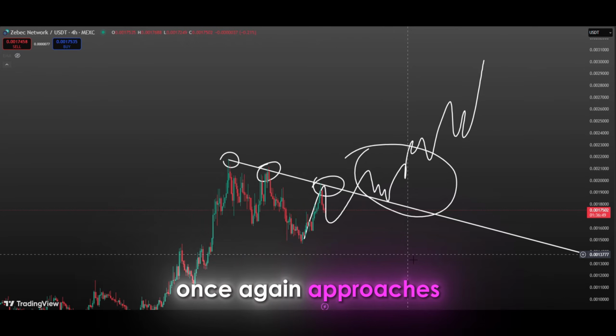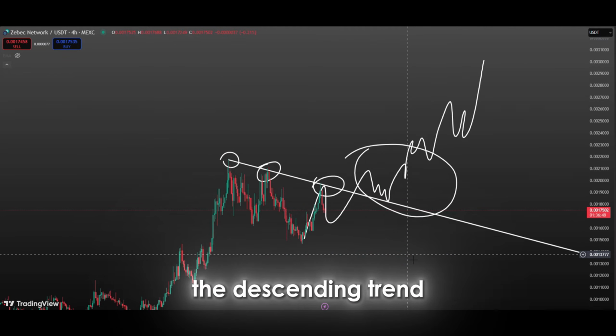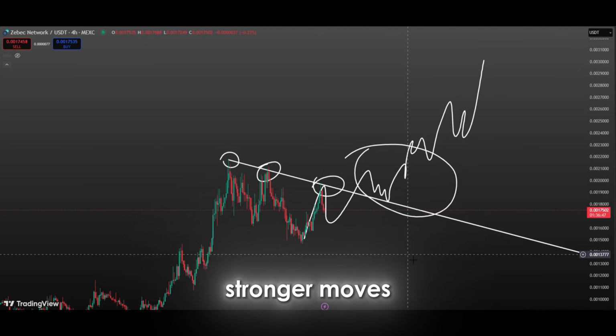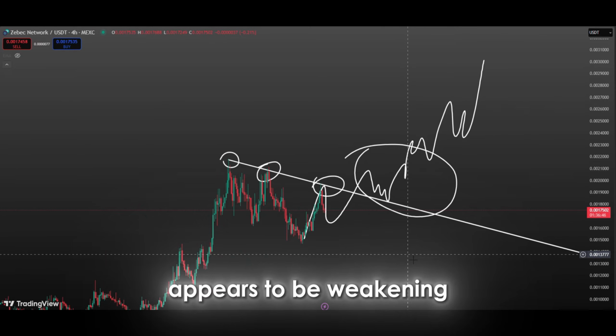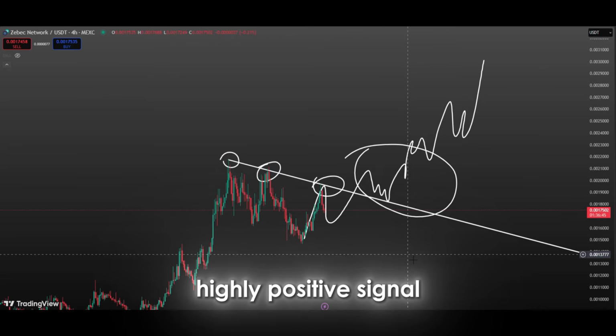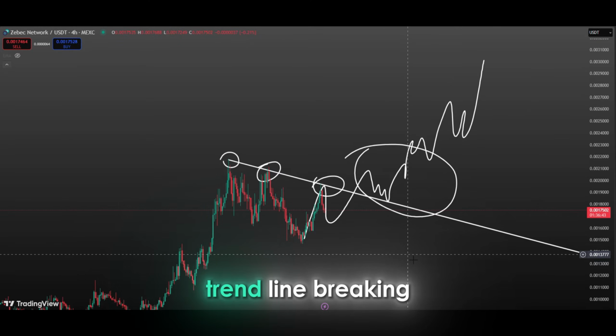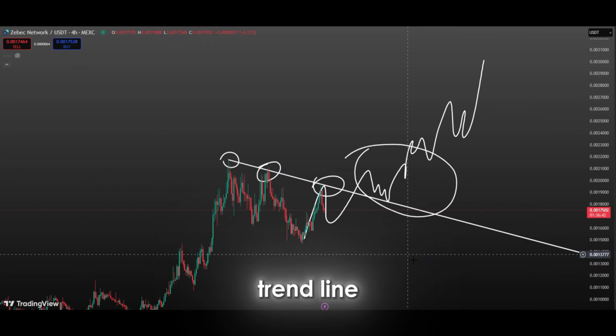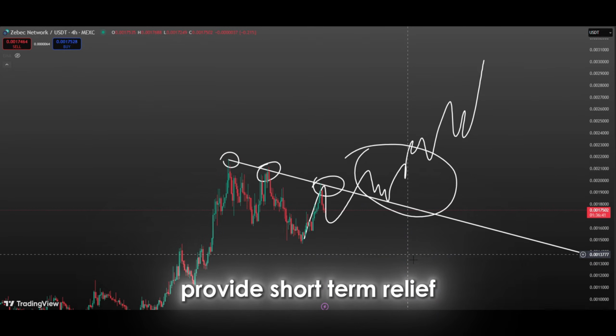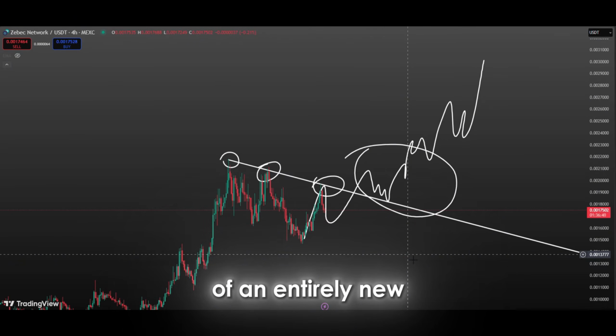As the price once again approaches the peak of the descending trend, buyers are making stronger moves while selling pressure appears to be weakening. This can be interpreted as a highly positive signal that increases the likelihood of the descending trend line breaking. Breaking this descending trend line would not only provide short-term relief, but could also mark the beginning of an entirely new bullish narrative in the bigger picture.